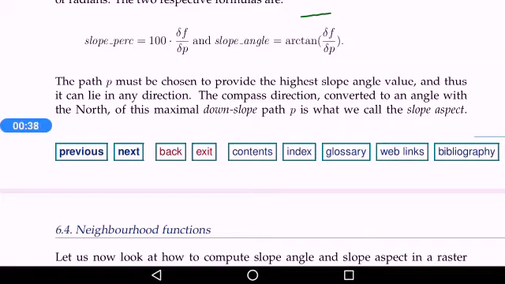So with respect to the north, whatever angle is made with this downward slope path P, this angle is called the slope aspect. So starting from the north direction, we make an angle which reaches this downward slope path, which is having the maximum slope angle, and whatever angle is made with the north to this path is called the slope aspect.